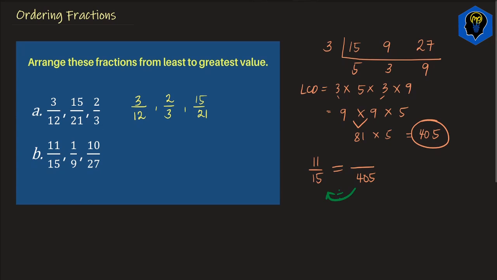So sabi natin kanina, ito yung 15. So you just have to consider 3 and 9. Kaya 3 times 9 is 27. Diba? 405 divided by 15 is 27. So, hindi nyo na kailangan mag-long division. Okay? Madali na yung technique na yon.